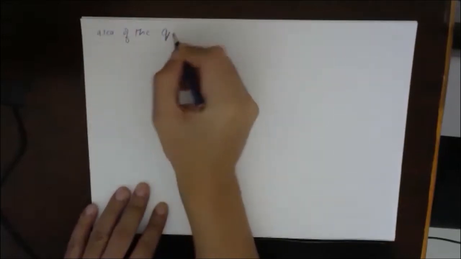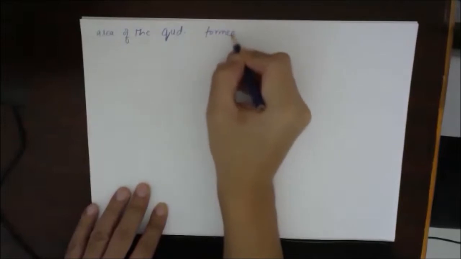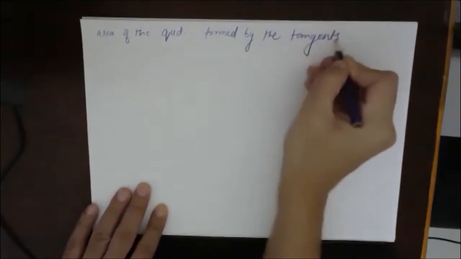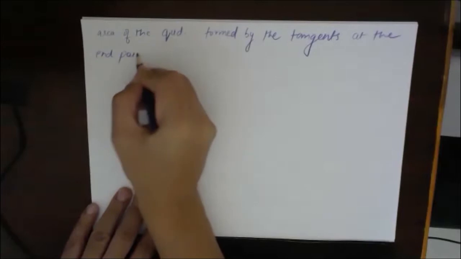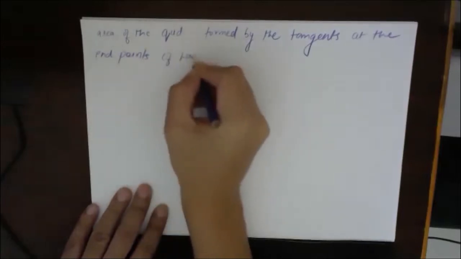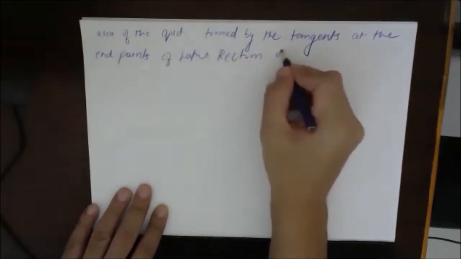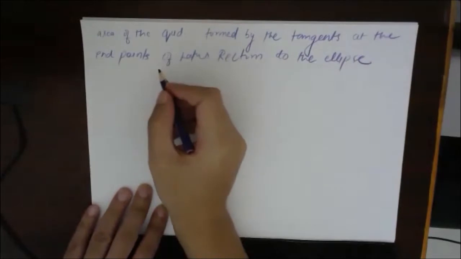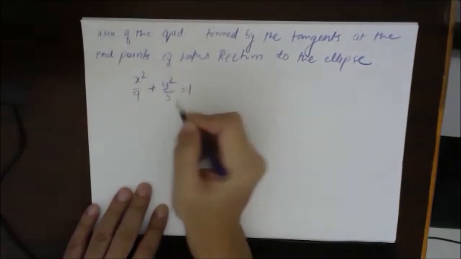the quadrilateral formed by the tangents at the end points of the latus rectum to the ellipse x square by 9 plus y square by 5 equals 1 is.